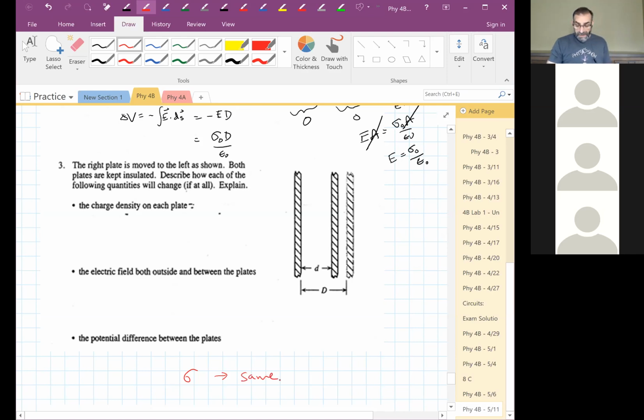Okay. So what happens to the electric field between the plates? What does the electric field depend on?